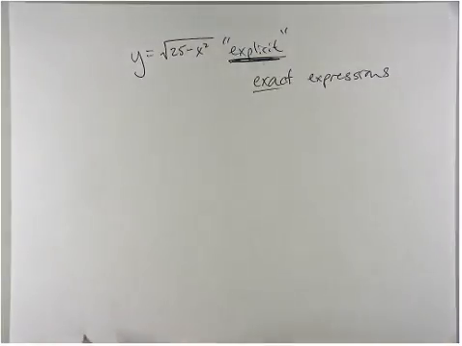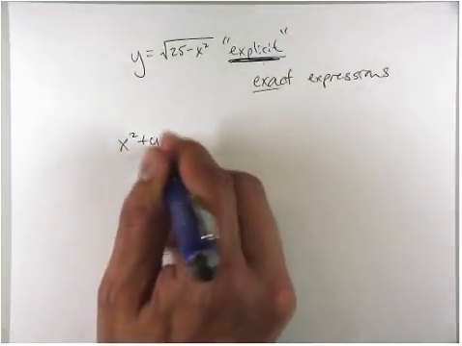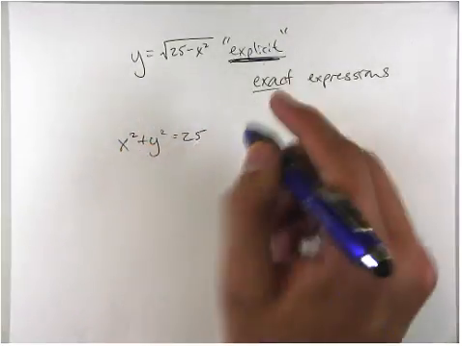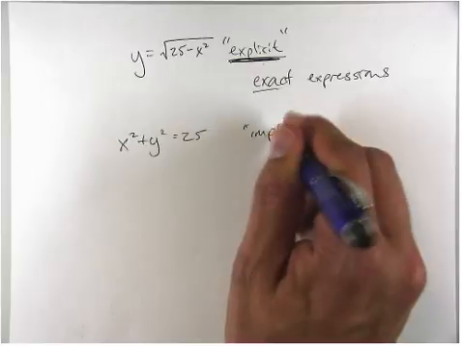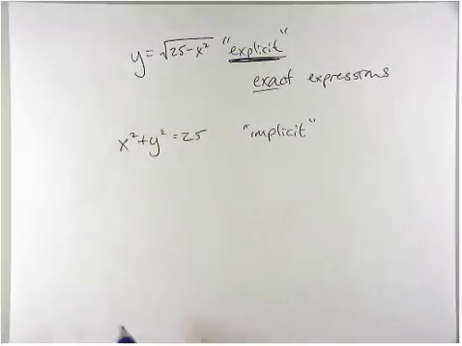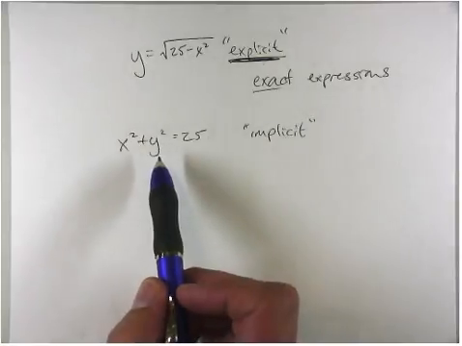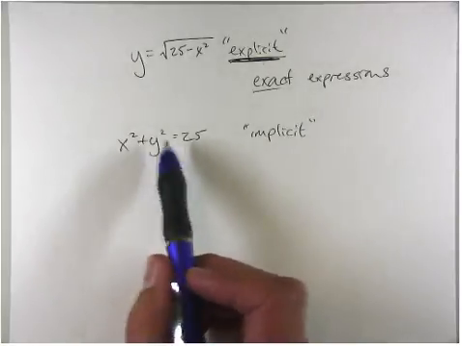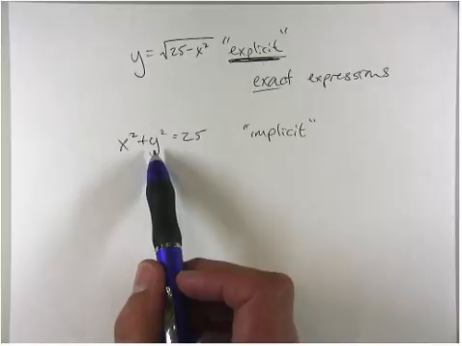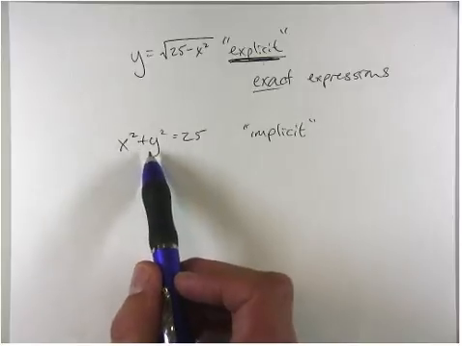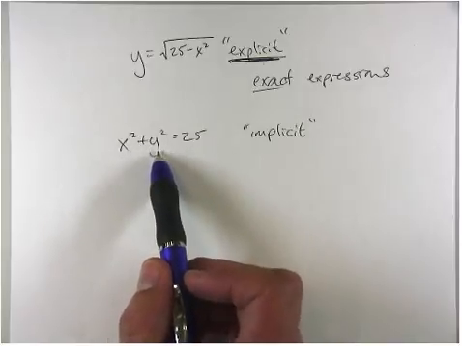That might be contrasted with implicit functions. Functions, I'm using functions loosely here, but relationships where the relation between x and y is implied by the expression, right?